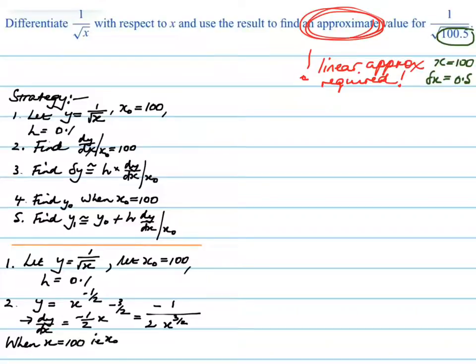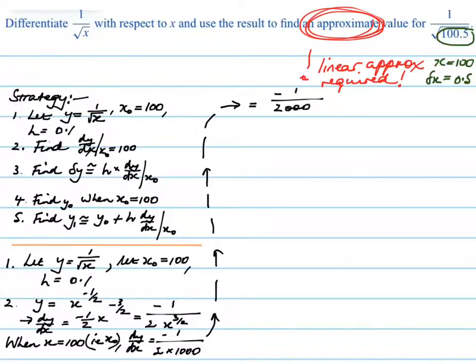And then when x is 100, that's x0, we're subbing in. Now look at that. Dy dx is minus 1 over 2 times, in case you didn't realise, 100 to the 3 on 2. The way I've worked that out is 100 to the half is 10, and then 10 cubed is 1,000.